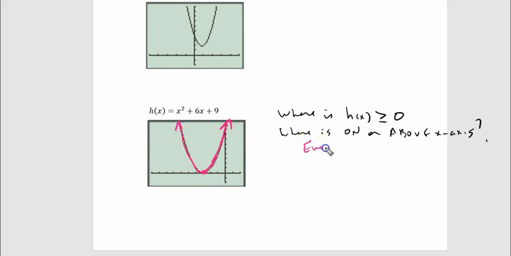So everywhere, i.e. for all x values. So any x value that goes from -infinity to +infinity will correspond to graphs on or above the x-axis. So that would be the answer for that one.